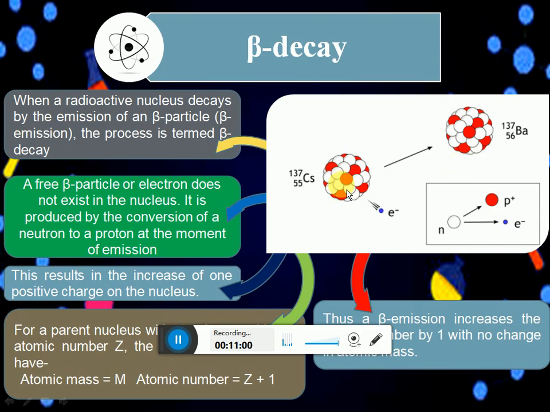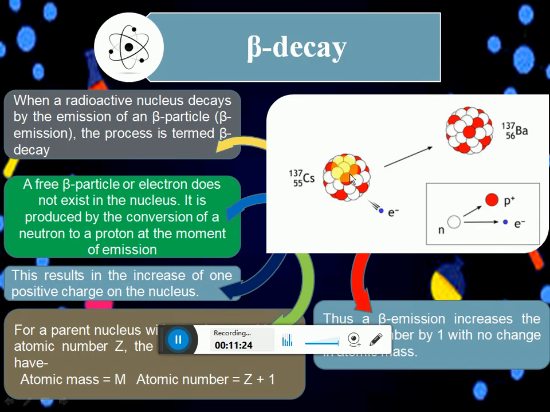This is our parent nucleus, which releases one electron, whose charge is -1, and this is our daughter nucleus. This is beta decay.